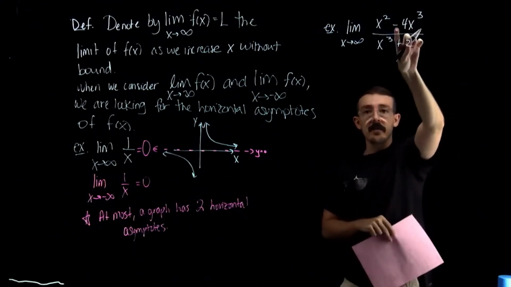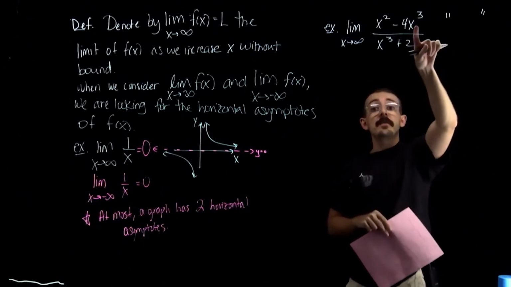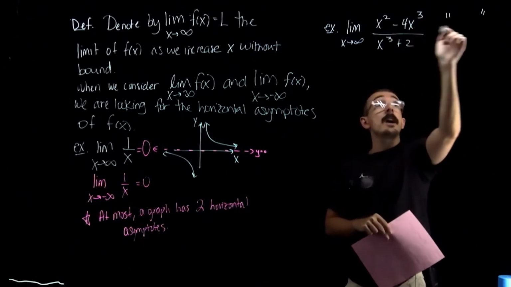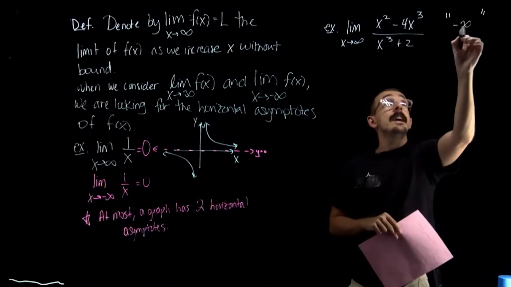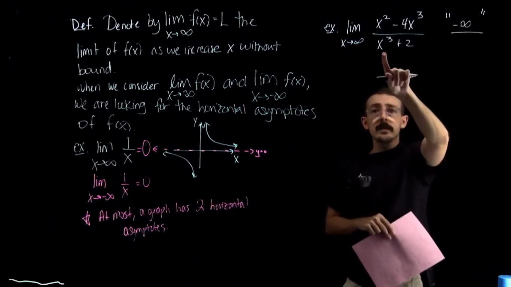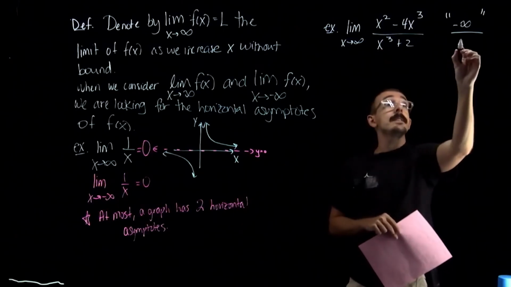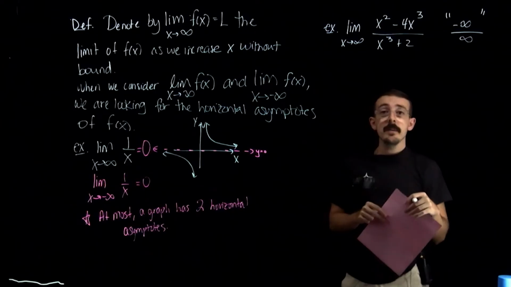And there's a negative sign in front of it. So in the long run, you'd have infinity to the third power here, and it'd be subtraction. So I'd have negative infinity on top. Here, my largest power is the third power. So this term would take over the denominator, and I'd have positive infinity in the denominator.